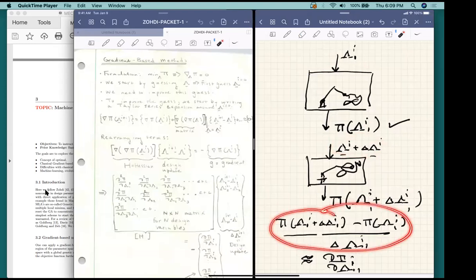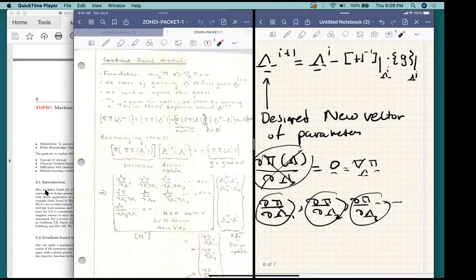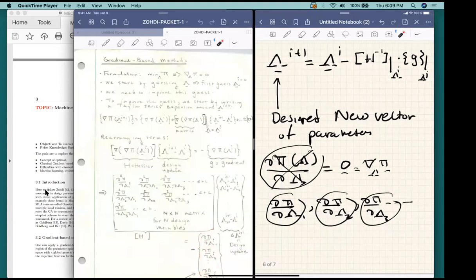Now, that's important because, as you see here on the left, we need to compute that for parameter number 1, parameter number 2, all the way down to parameter number n. In other words, our vector of all of these parameters has many components.